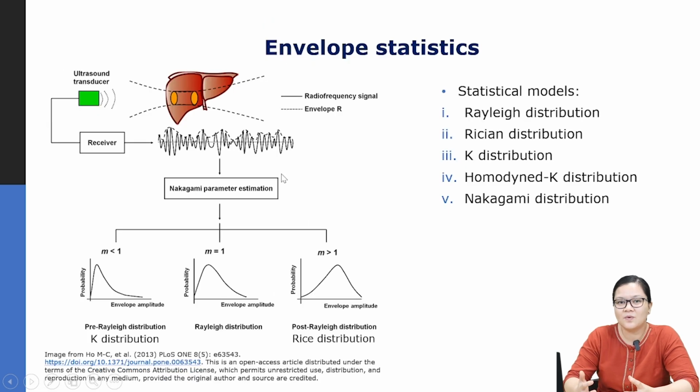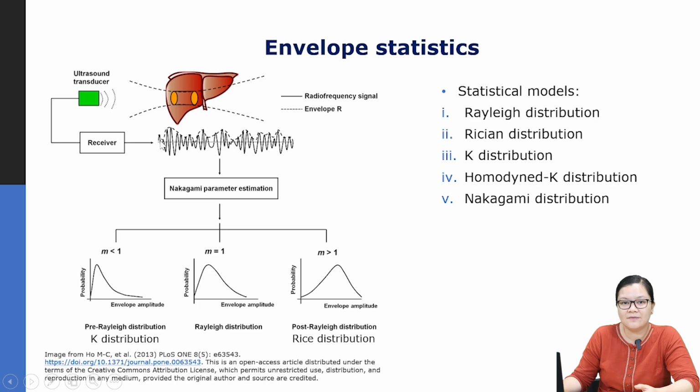The second class of quantitative ultrasound techniques that we looked at is called envelope statistics. Here I'm just showing an example of what the workflow would be like, where you're interrogating a tissue at a particular region of interest within the focal zone of your transducer, and then you receive the signal.